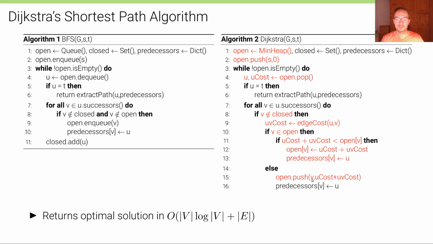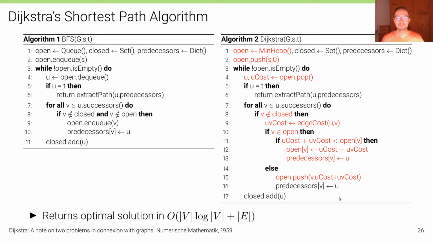So this is the total cost now, the best cost we've discovered so far for reaching v. And we are also storing the predecessor of v to be u. And that's it. We add u now to the closed set because we have processed it. In the next iteration, we are looking again at the top priority element of the open min heap, which is now the next node in that min heap.